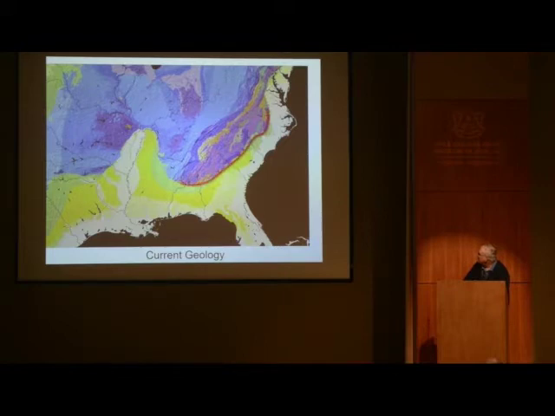You have an area that divides the coastal plain in this part of the world from the Piedmont and the Appalachian Mountains. This is often referred to as the fall line because, as rivers flow across this boundary, the areas that make up the Appalachians and the Piedmont are much harder.